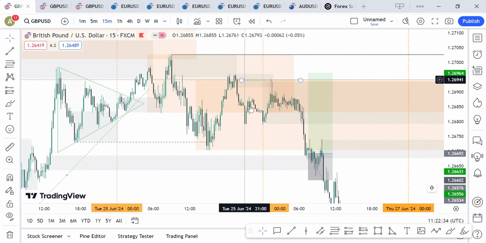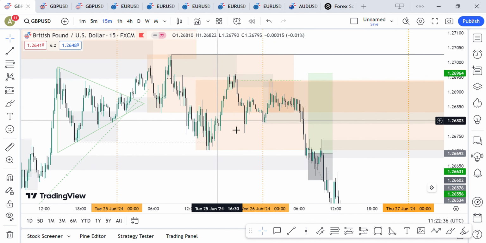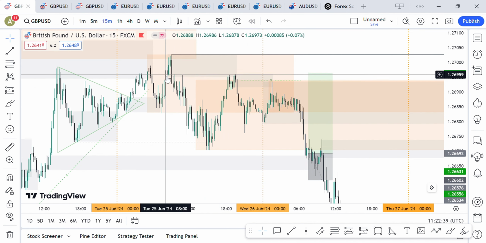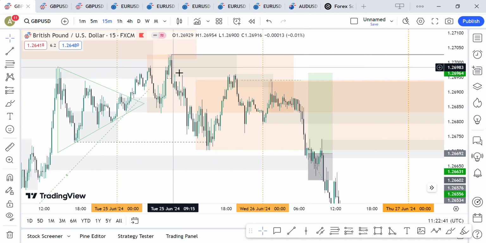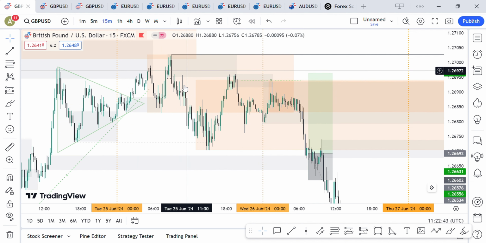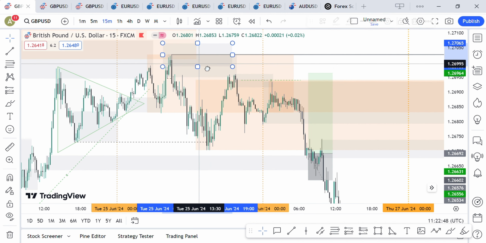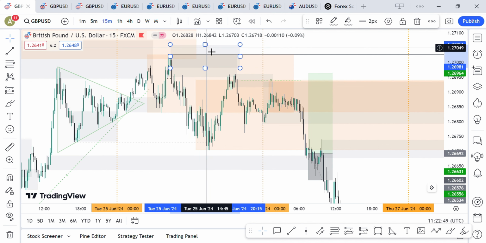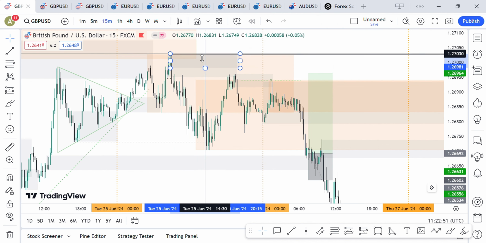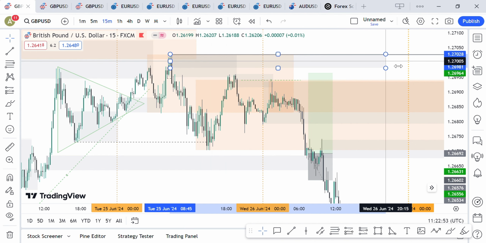So Tuesday just went off like that, and I didn't take any other trade. But after this change of character, I was expecting price to come up to this point, which it didn't. Let me draw this. Price came up to this POI above.